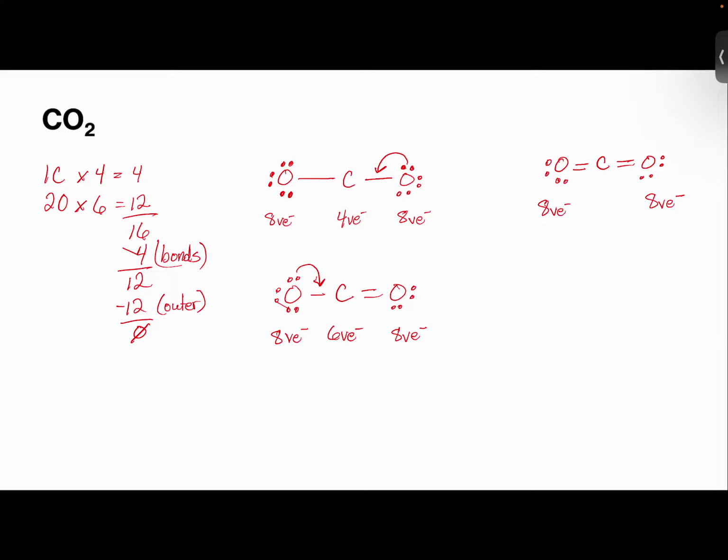It has 4 found within that double bond, and it has 2 lone pairs that make up the other 4 to give that oxygen a total of 8. Our carbon also now has an octet because it has 8 valence electrons that are found within those 2 double bonds that it has a share of. So this is the Lewis dot structure for carbon dioxide.